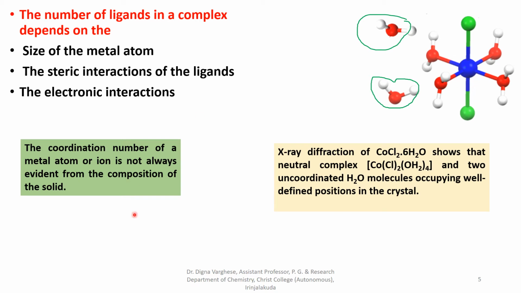So the coordination number of a metal atom or ion is not always evident from the composition of the solid. That means CoCl2 6H2O is its composition, but the complex formula is CoCl2(OH2)4, and the remaining two water molecules are present as lattice water molecules in the structure.